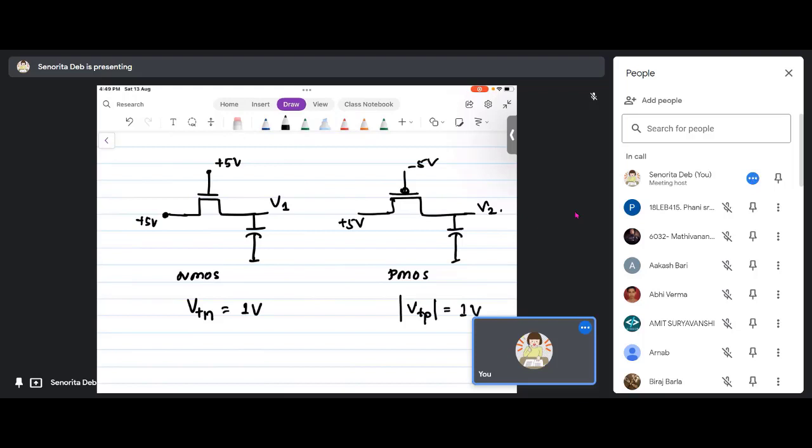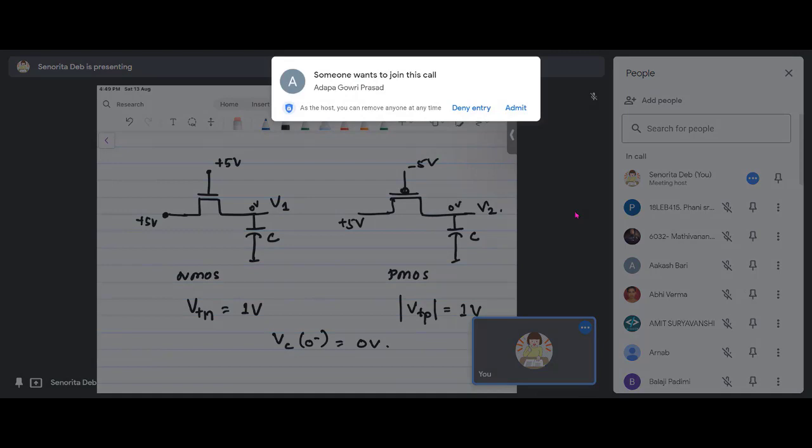Can anyone identify which one is the source terminal and which one is the drain terminal? It is given that the capacitor is initially discharged, so it is 0 volts initially.